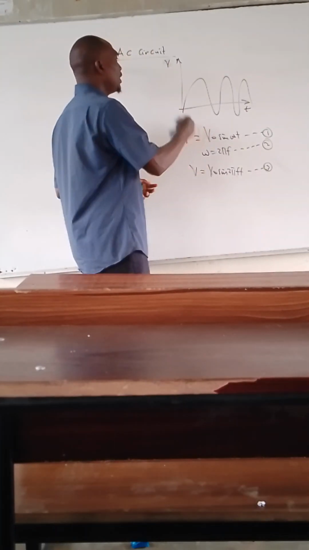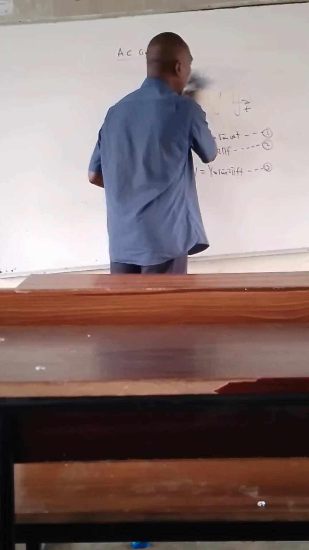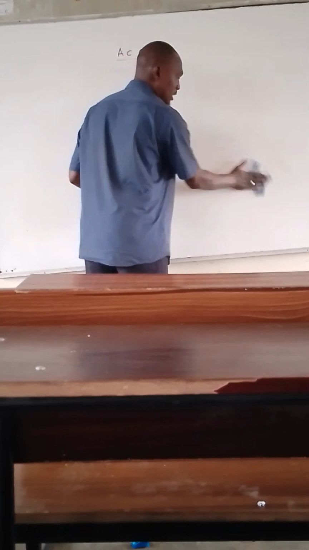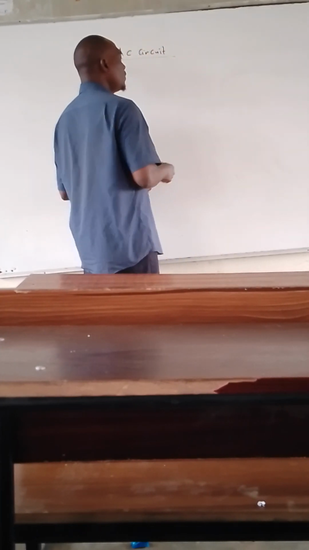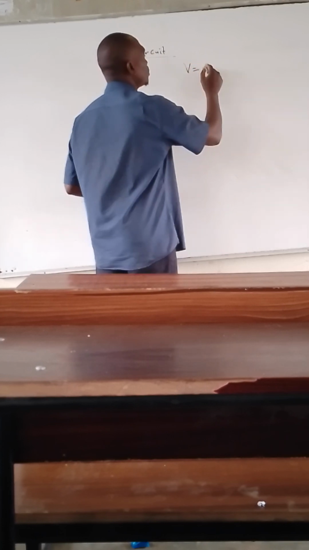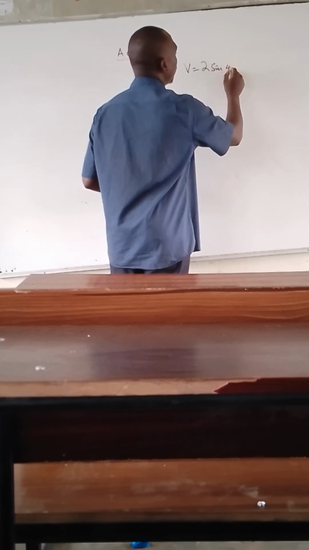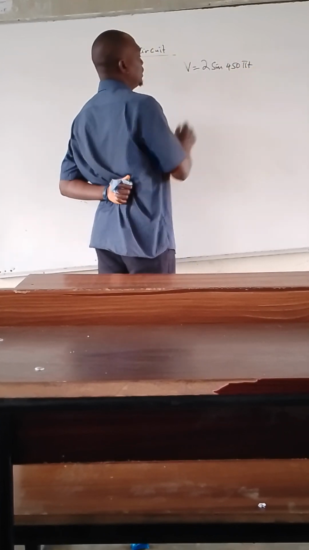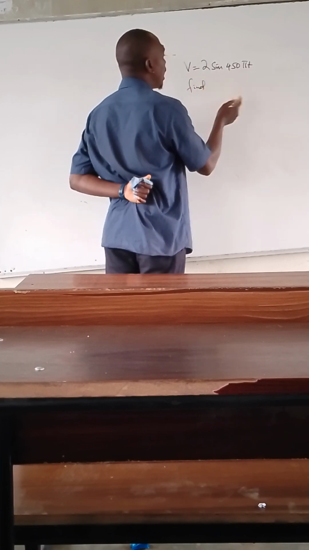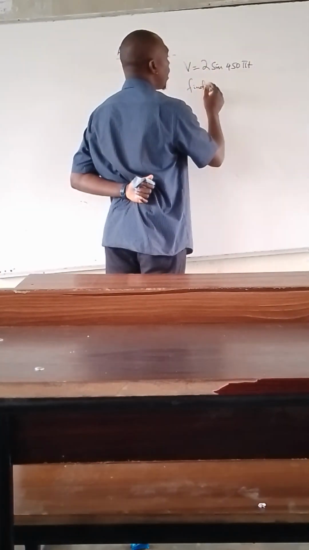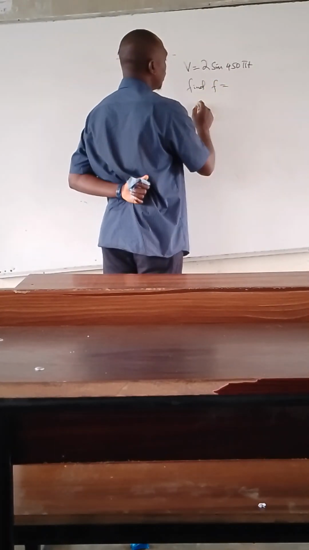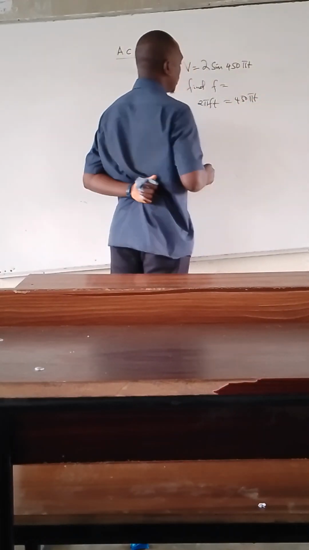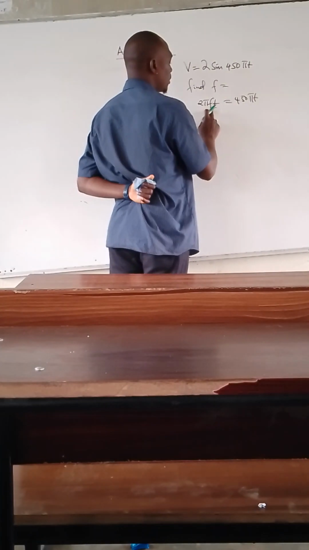Based on these, we can calculate anything given to us, either finding the frequency or the alternating current, as the case may be. For instance, if you have V equals 2 sine 450 pi t, and we are asked to find specifically our f. To find f here, you just say 2 pi f t equals 450 pi t. We make f the subject of the formula.